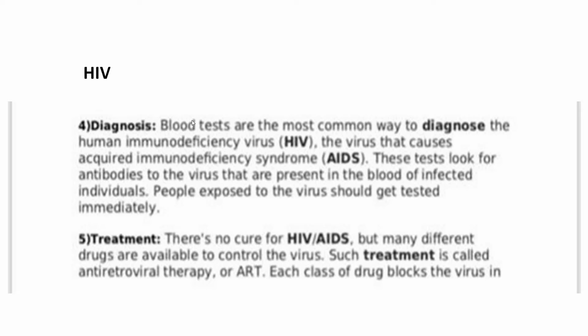Infected people will have this HIV virus in the white blood cells. So the presence of this virus is seen by the help of the blood test. The virus is causing this acquired immunodeficiency syndrome disease.